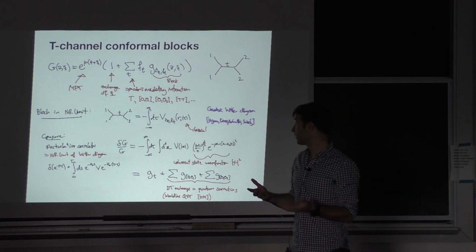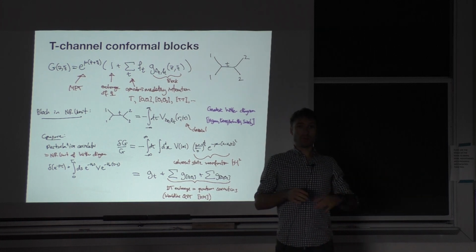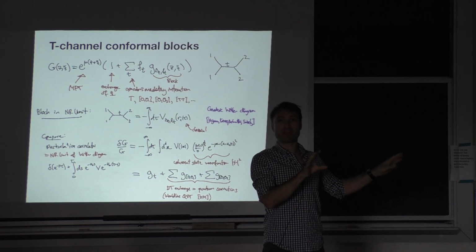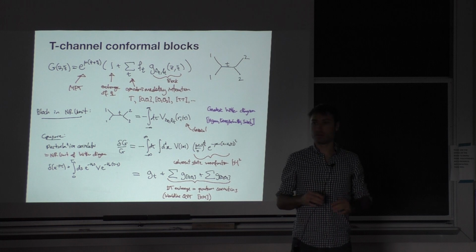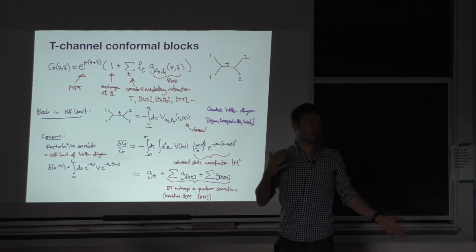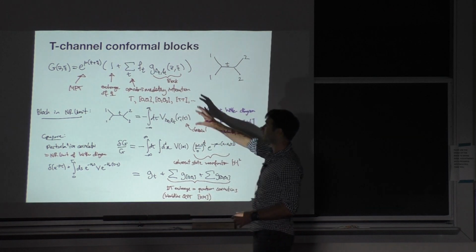Okay, the first tool that we're going to make use of that we don't have in non-relativistic quantum mechanics is crossing symmetry. We already expressed in CFT language our correlator as a sum over S-channel blocks, which has a very simple interpretation as a sum over intermediate states in our quantum mechanics. But T-channel blocks are not so obvious. Just from the CFT point of view, we've got an expansion that looks like this.